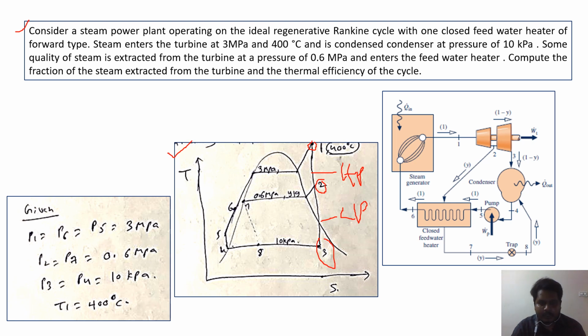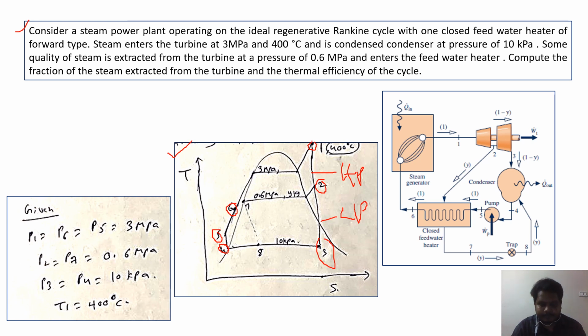After expanding through the low pressure turbine, it will enter the condenser in process 3 to 4. 4 to 5 is the isentropic compression process, 5 to 6 is the closed feed water heater, and 6 to 1 is the heat addition in the boiler.